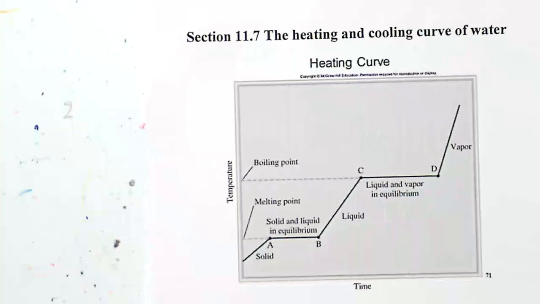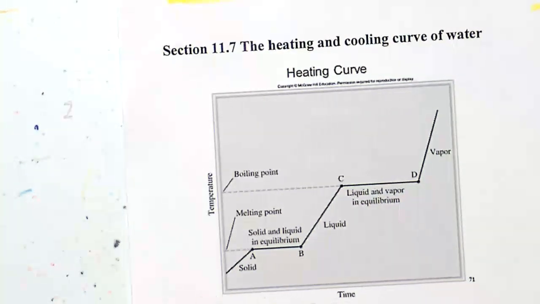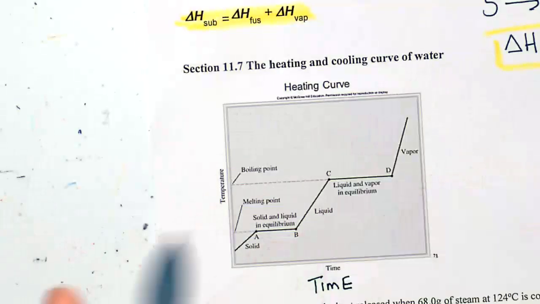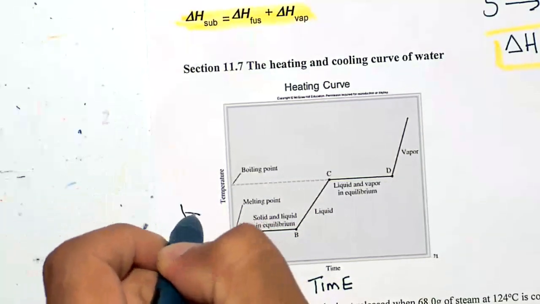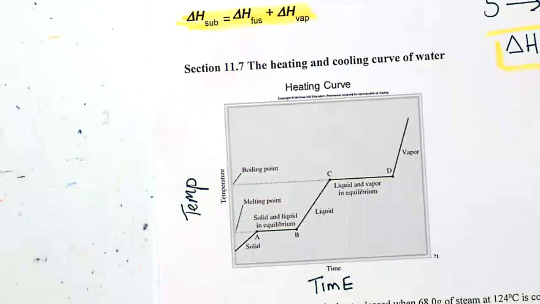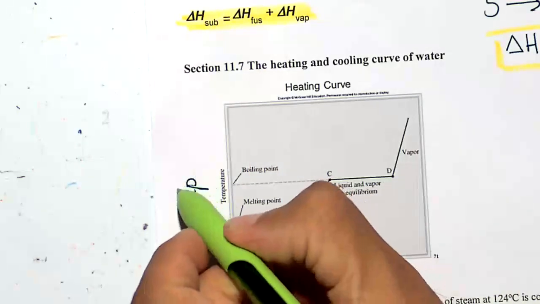So this is the heating and cooling curve of water. On your x-axis we have time, and time is always marching forward. Temperature is on the y-axis. If we raise the temperature, this becomes a heating curve.